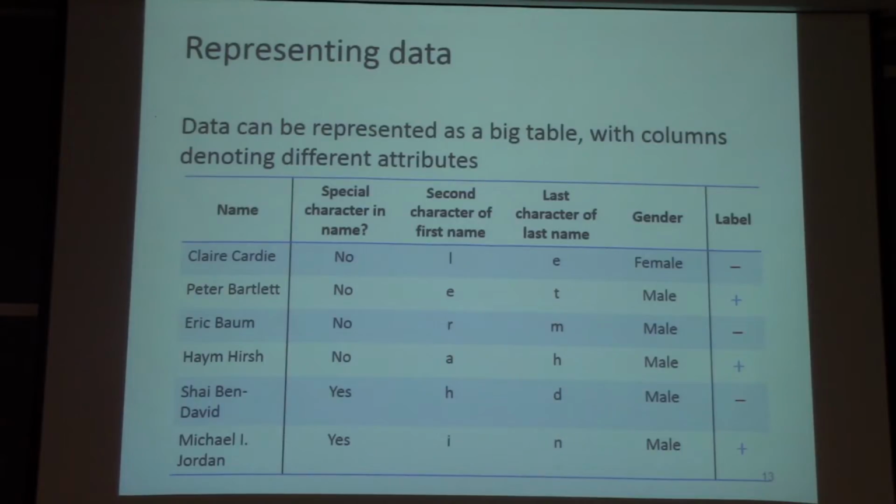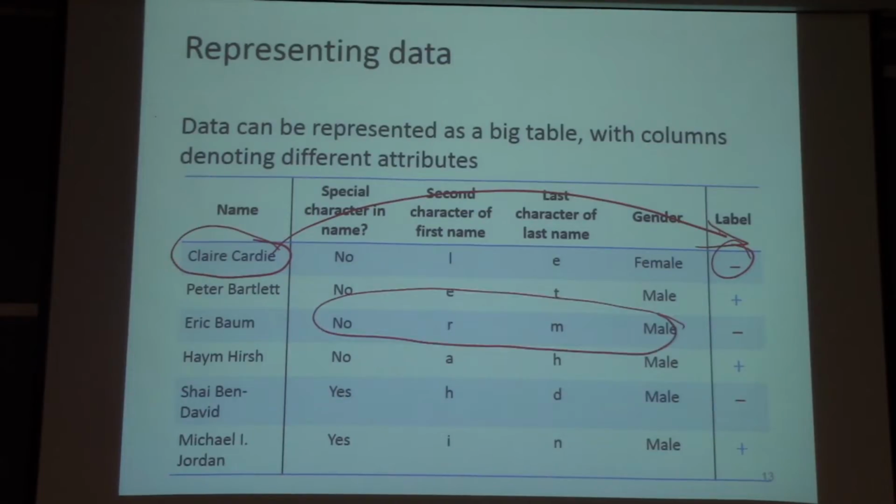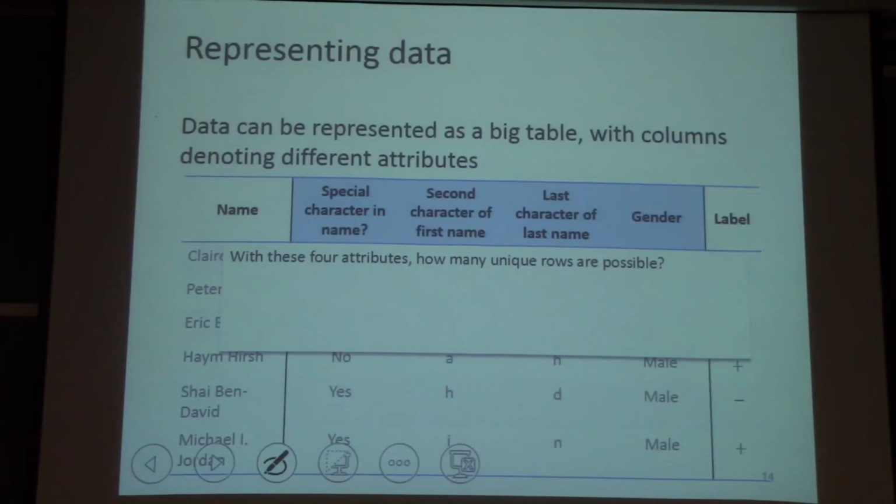For every question here, I can fill in an answer, and now I can pretend that my learning problem is not to map these examples to these labels directly, but instead to go from a feature representation to the label. Okay? So let's say that we have all these feature vectors, but one thing to think about is how many rows can possibly exist out there for these 4 features, let's say.